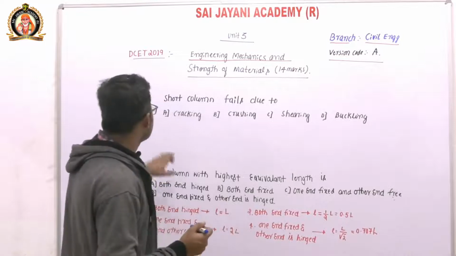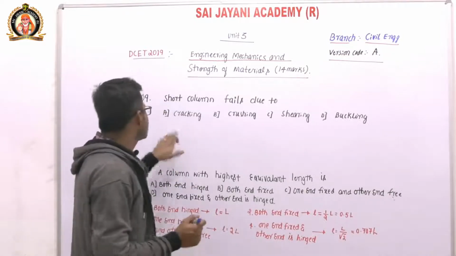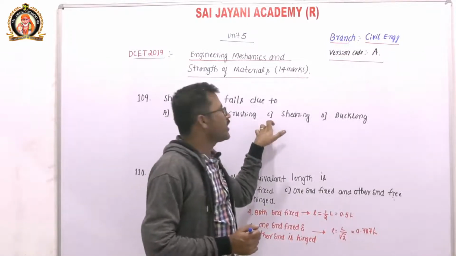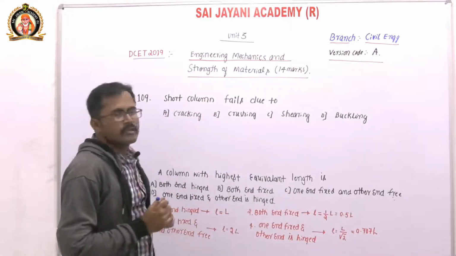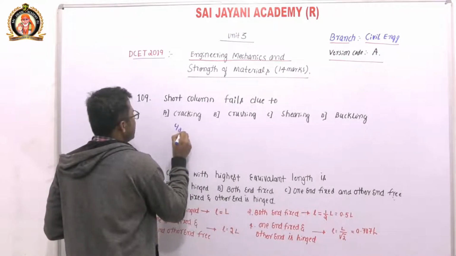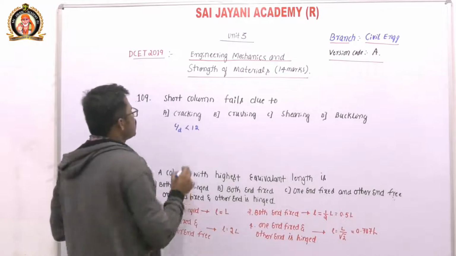So next question number 107. Short column fails due to option A cracking, option B crushing, option C shearing, option D buckling. So what is a short column? If L by D ratio is less than 12, then it is known as short column.